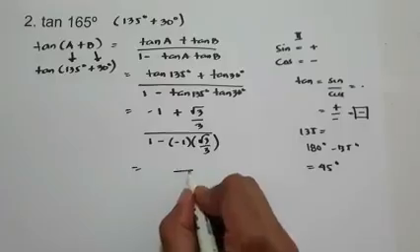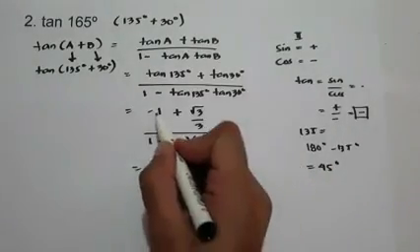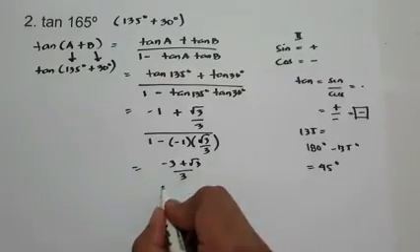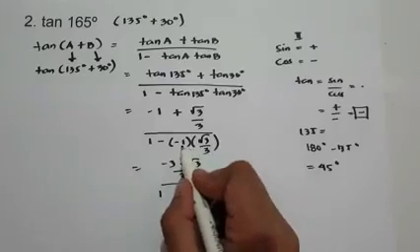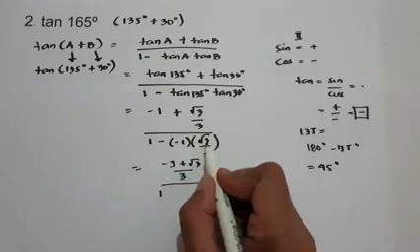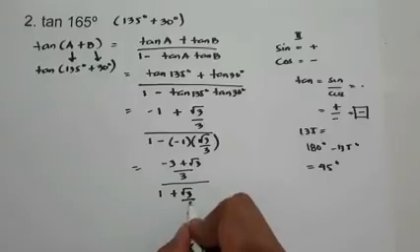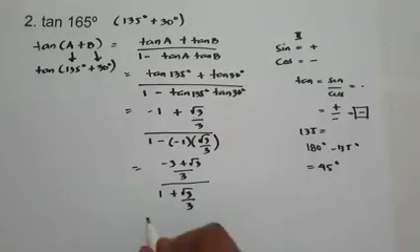So let's have 3 on the numerator. So 3 times negative 1 is negative 3, plus square root of 3, over 1. Negative 1 times square root of 3 is negative square root of 3, times negative is positive square root of 3 over 3.